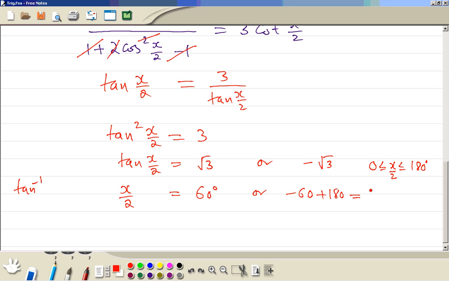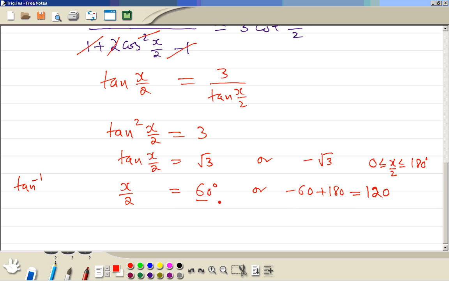So the answer is 120. And these two answers are for x over 2. So multiply both sides by 2, we get x equal to 120 degrees or 240 degrees. That's in the x domain.